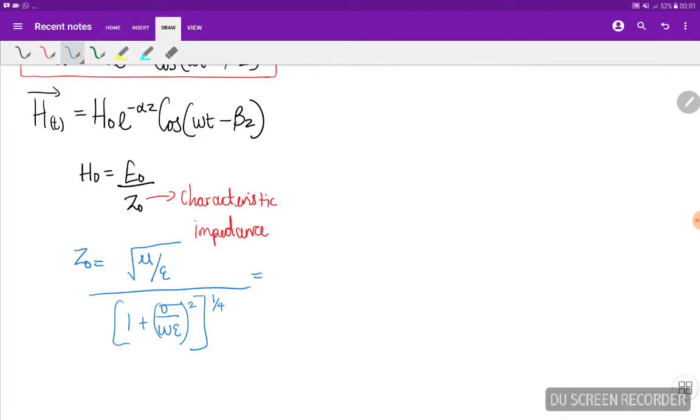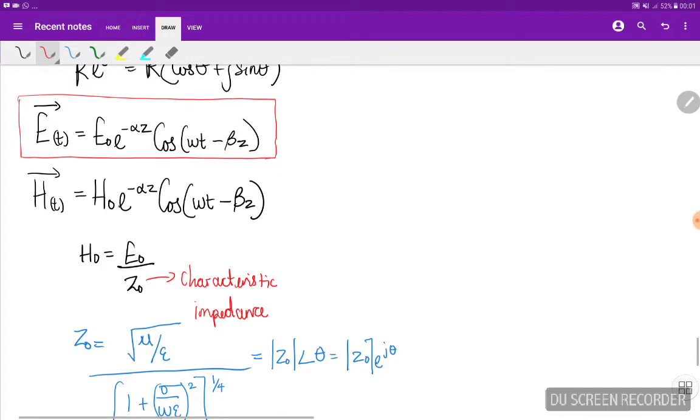It's a complex value, so it can be denoted as the magnitude times e raised to the power j theta. So this is your characteristic impedance.